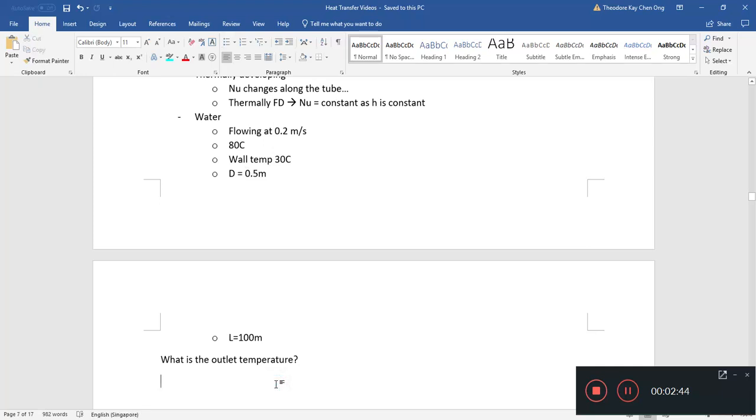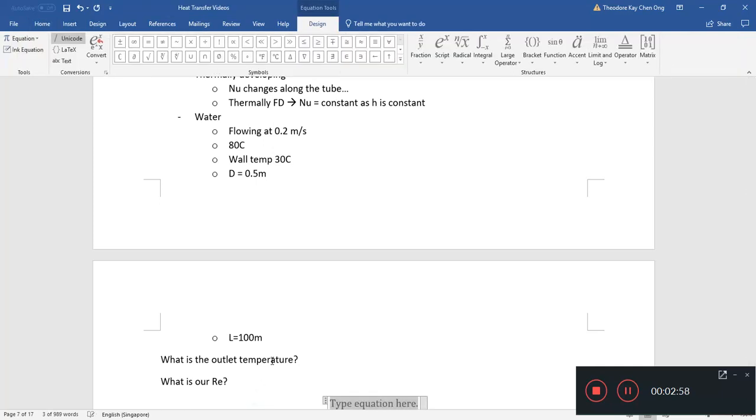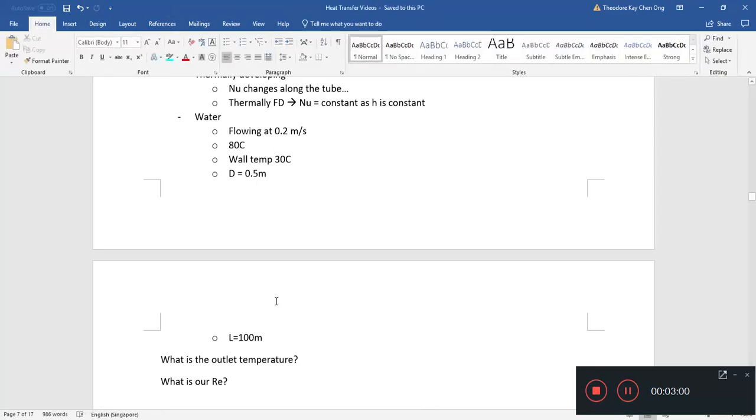All right, so what's our Reynolds number? We'll first have to find out some appropriate correlations, and that's why we are trying to find our Reynolds number.